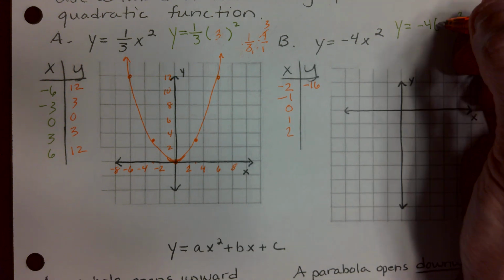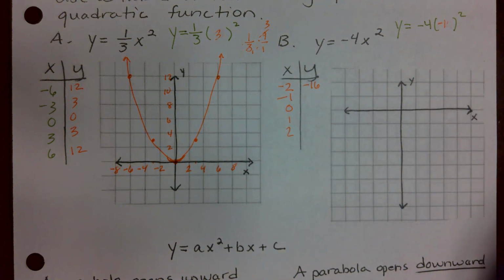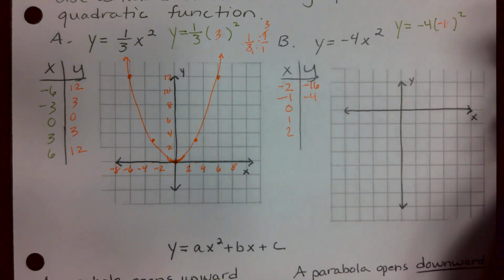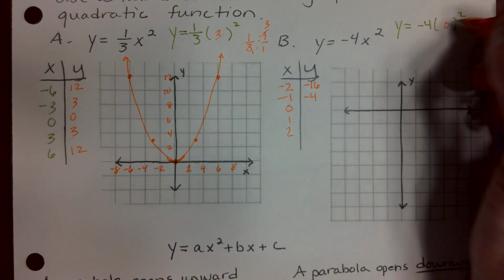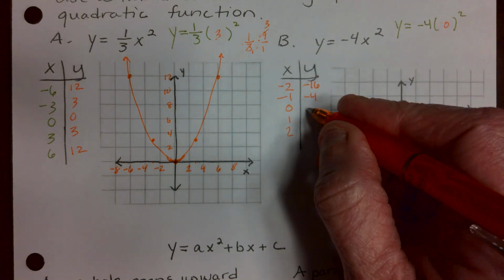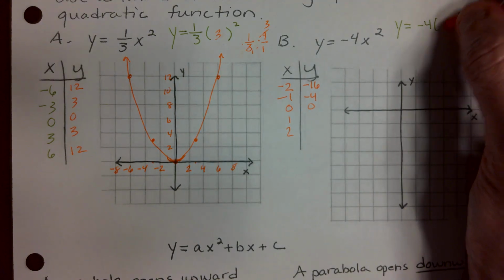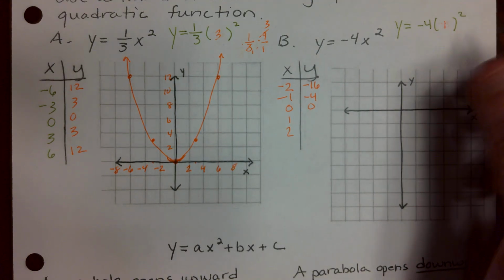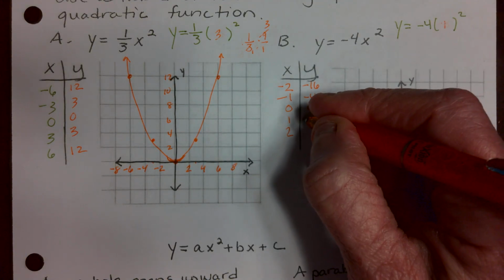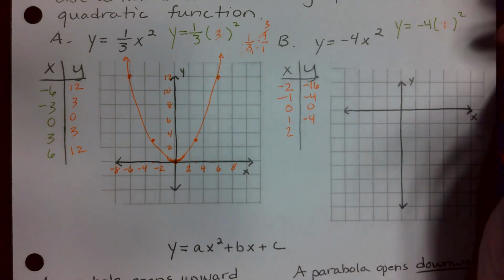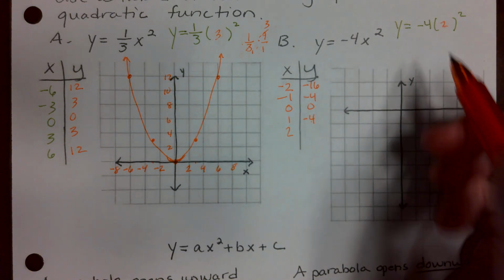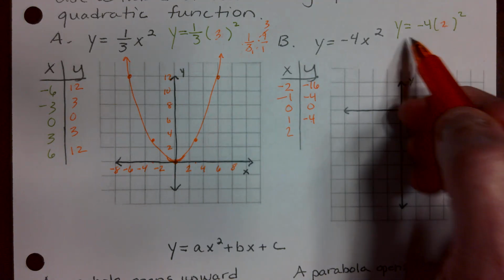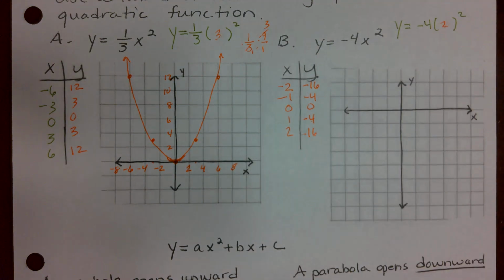Okay, put -1 in. -1 squared is 1 times -4 is -4. 0, 0 squared times -4 is 0. 1 squared is 1 times -4 is -4. So you notice it's becoming the same again because of the squared. Doesn't always, got to be careful, but 2 squared is 4 times -4 is -16.